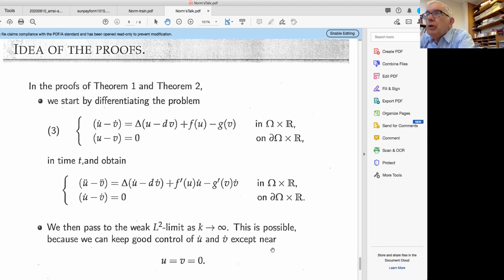And so we can pass to the limit in this, which I'm not going to write down because it's a mess. But it's crucial to be able to estimate u dot and v dot near u equals v equals 0. Notice that's trivial in the case where d equals 1, because you can bound u dot and v dot, so the control is easy. But anyhow, you pass to the limit.